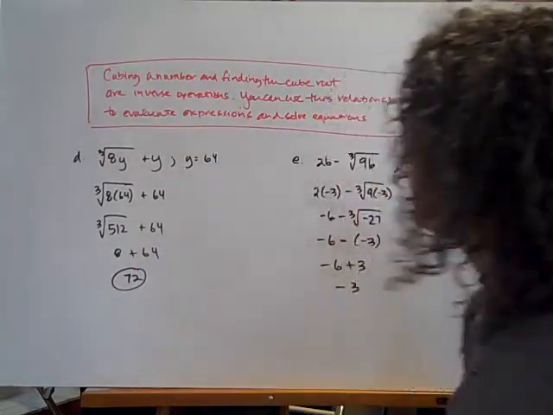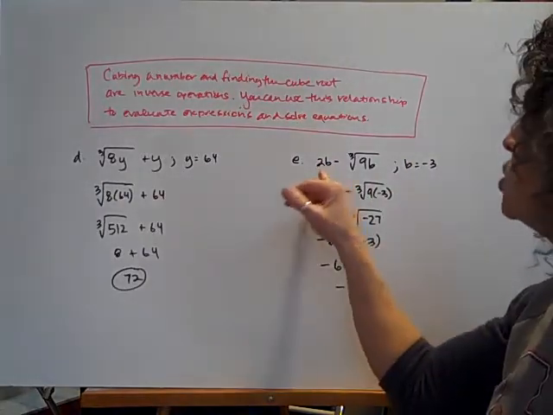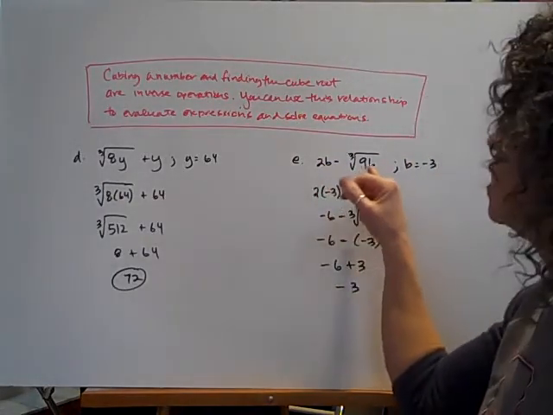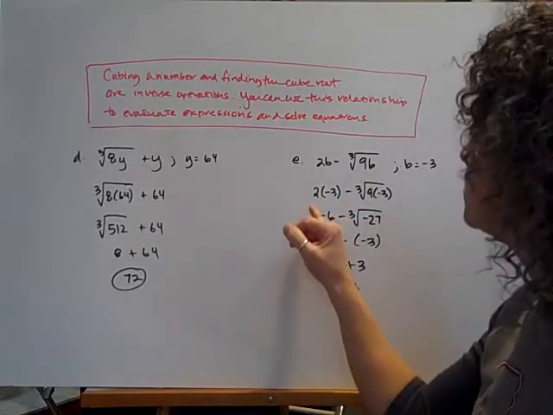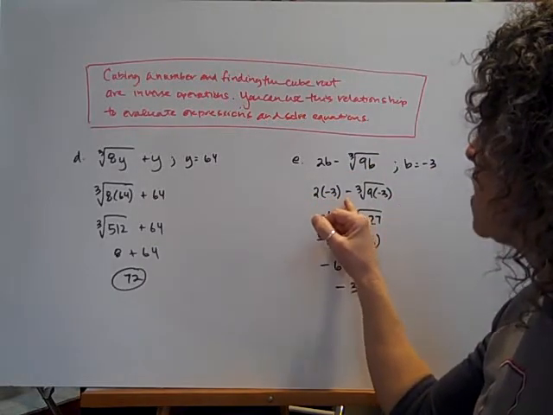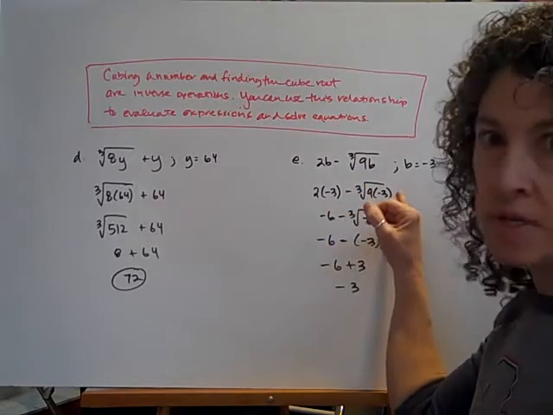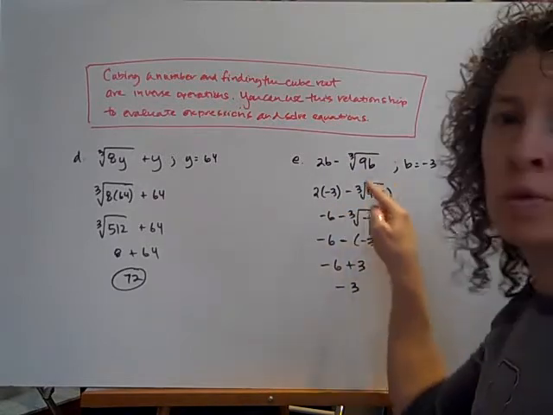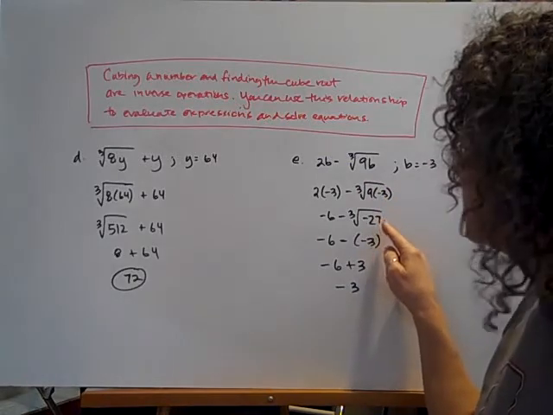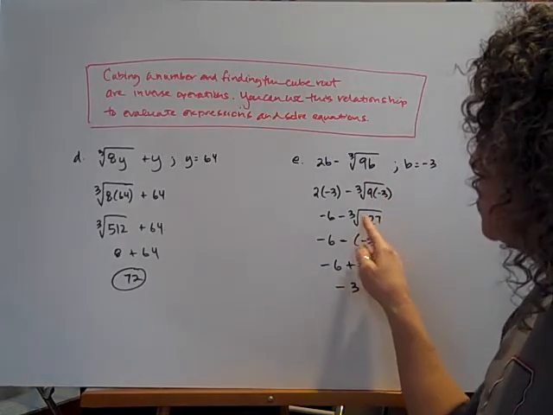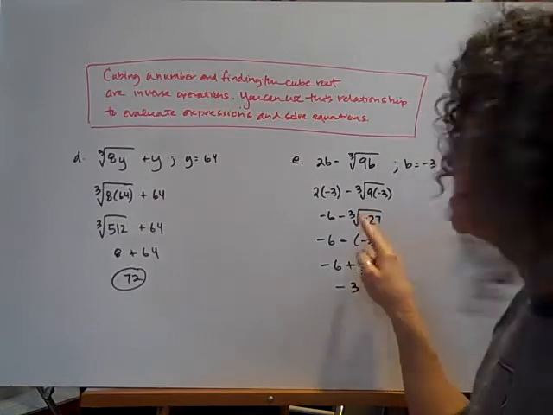So this should look very familiar, where I'm substituting a value in there and then just going through my order of operations. And the last one, I've got 2b minus the cube root of 9b, if b is equal to negative 3. So I start with substituting: 2 times negative 3 minus the cube root of 9 times negative 3. I'm going to work with this radical first. So 9 times negative 3 is negative 27. So I end up with finding the cube root of negative 27 first.